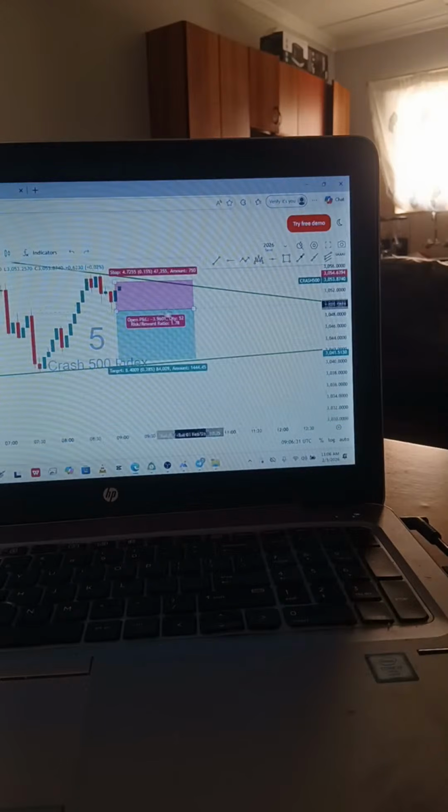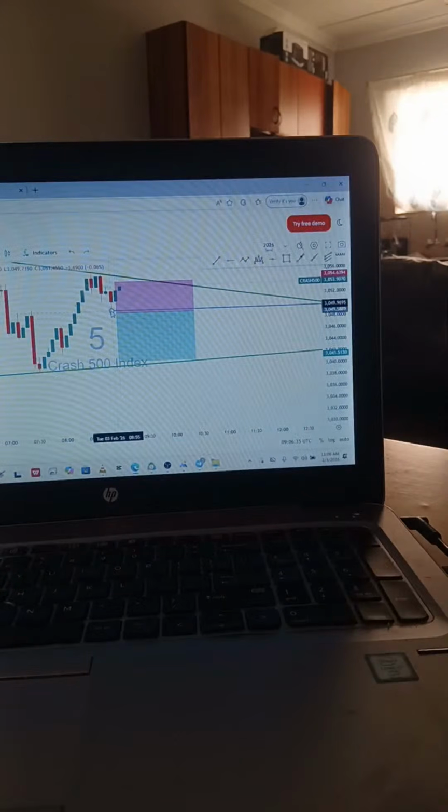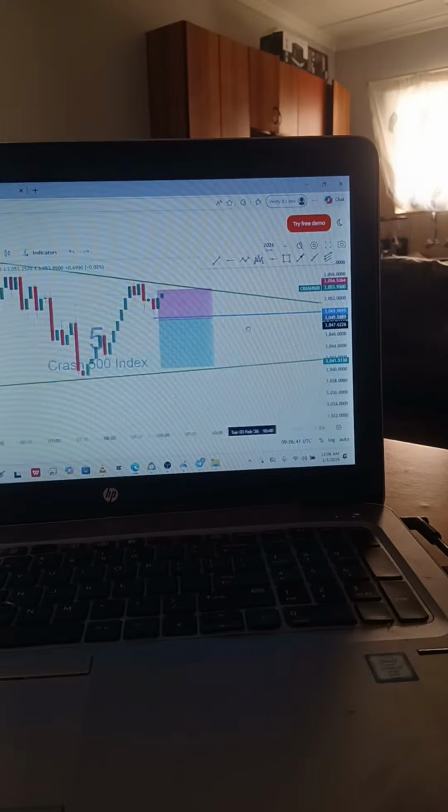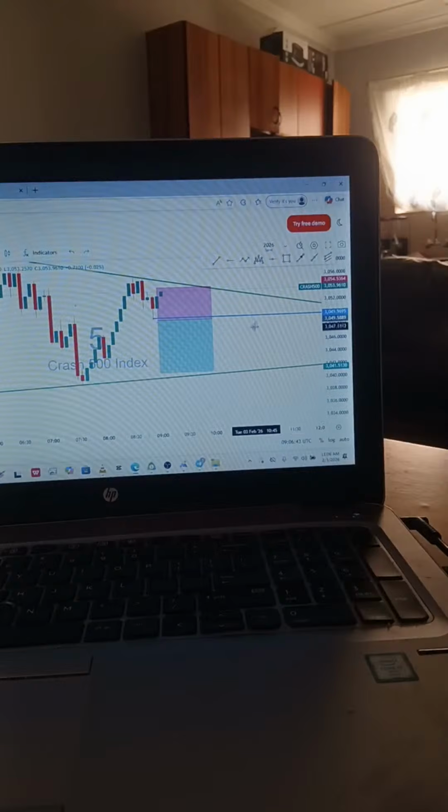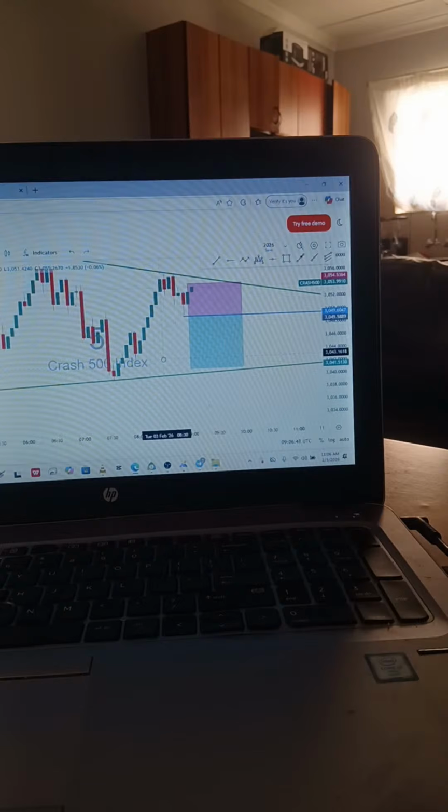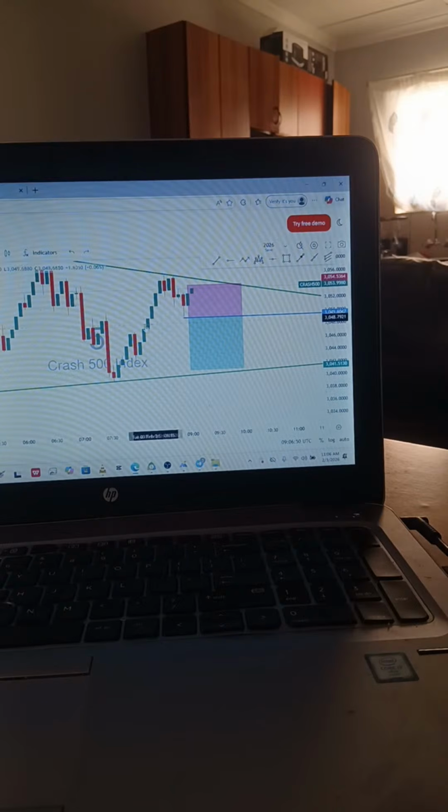We need a spike, and the spike has to come and reach this particular level. Then we can enter, with our stop loss just above this level. 1:5, 1:6, something like this. Okay, so this is the analysis that I have for you. Our target is very, very small because price is just consolidating.